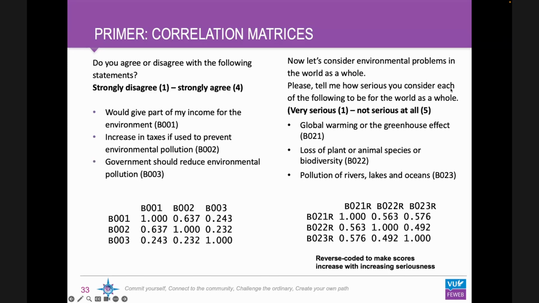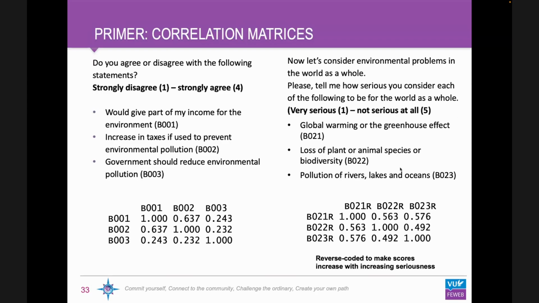Please tell me how serious you consider each of the following to be for the world as a whole, from very serious to not serious at all. Global warming or the greenhouse effect, loss of plant or animal species or biodiversity, pollution of rivers, lakes, and oceans. For instance, in this case, it is a formative scale, as you can see, just as a side note.